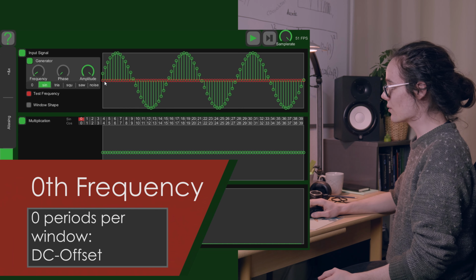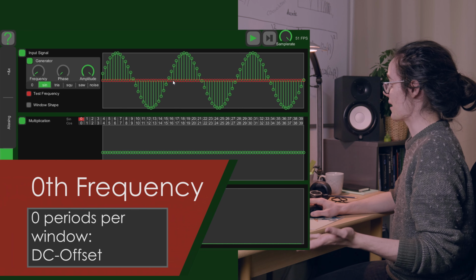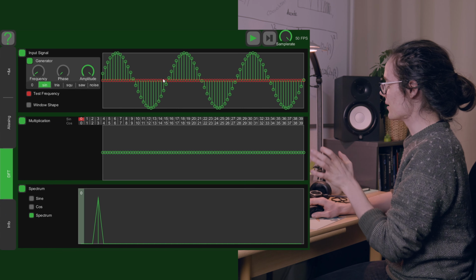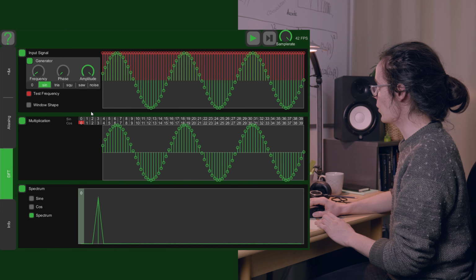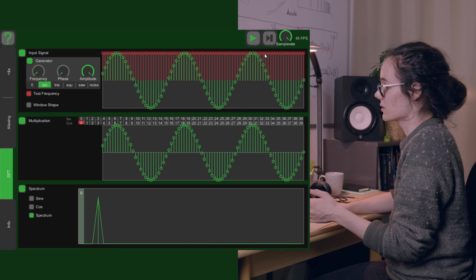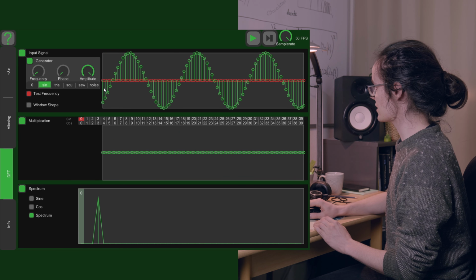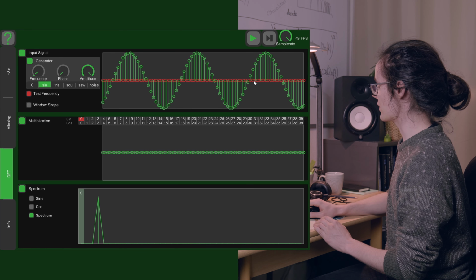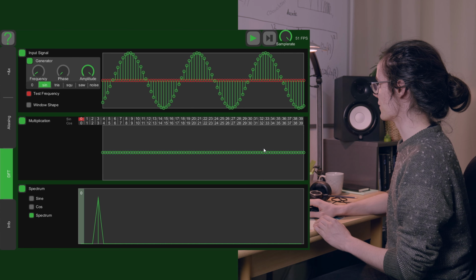The sine part of the 0th test frequency also starts at 0, and because there are no periods in the window, it stays at 0 all the time. And the cosine part starts at 1, as all the others do also, but it stays at 1 because there is no period at all within this window. 0 times any value of the input signal gives us 0 all the way for the multiplication graph.